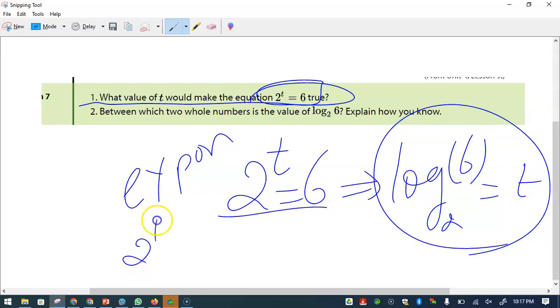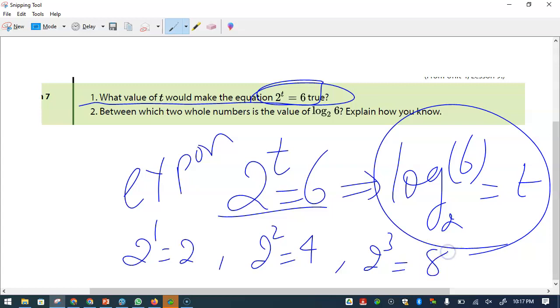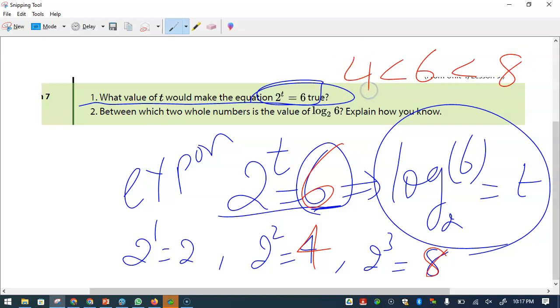We know 2 raised to 1 is 2, 2 raised to 2 is 4, and 2 raised to 3 is 8. So now this 6 which you see right here is between this 4 and 8. So 6 is between 4 and 8. That means this t has to be between 2 and 3.